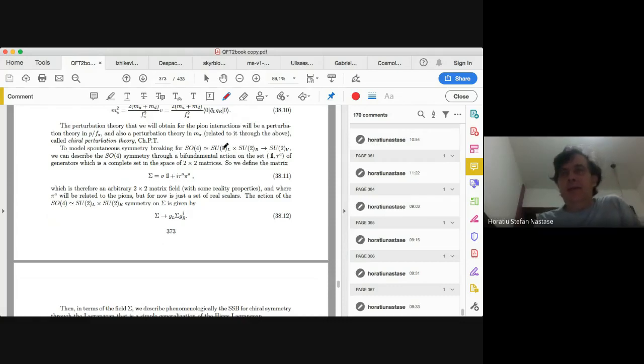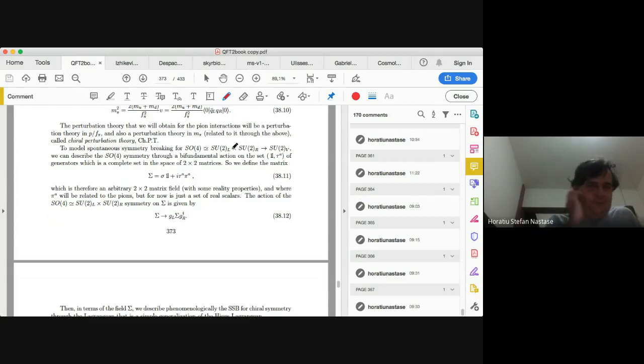And then SO3 cross SO3 is also isomorphic to SO4, also in terms of generators. So the spontaneous symmetry breaking can be thought of as SO4 going into SU2, or again SO3 if you want.